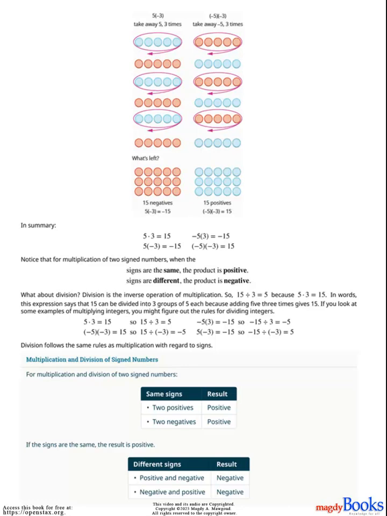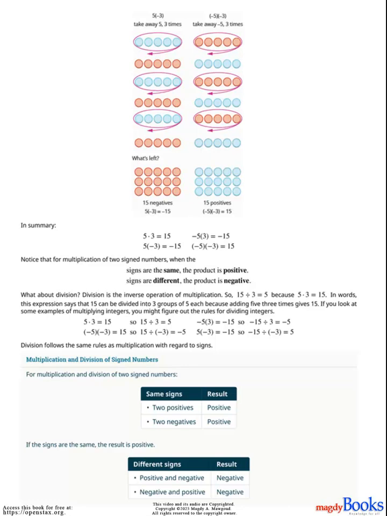Negative 5 multiplied by negative 3 equals 15, so 15 divided by negative 3 equals negative 5. 5 times negative 3 equals negative 15, so negative 15 divided by negative 3 equals 5. Division follows the same rules as multiplication with regard to signs.